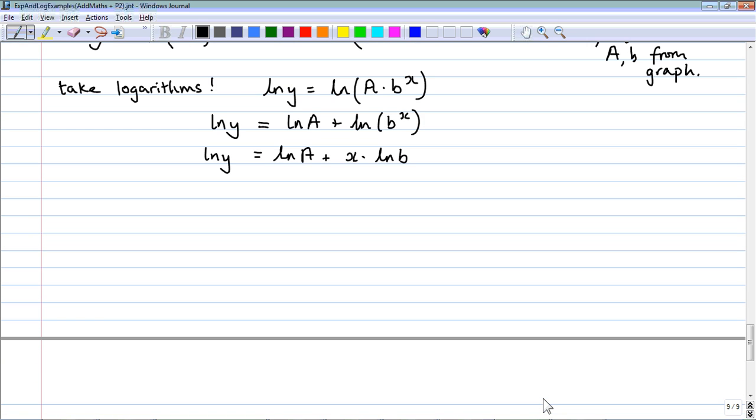And you'll see that although it looks very similar, there are some slight differences here. We define capital Y equals ln y, but now capital X should just be x, not ln x, because look carefully at this equation.